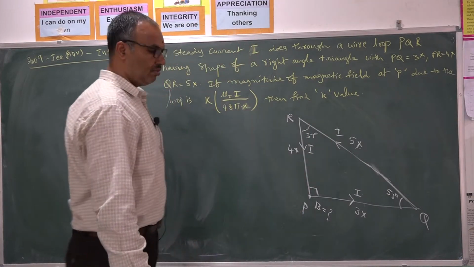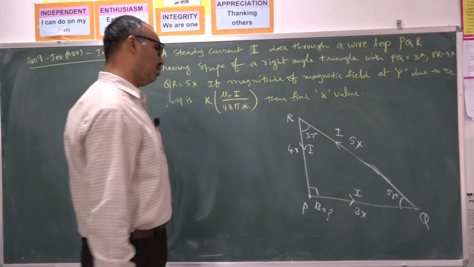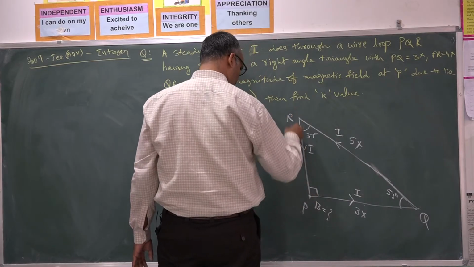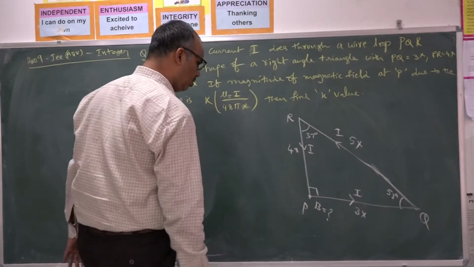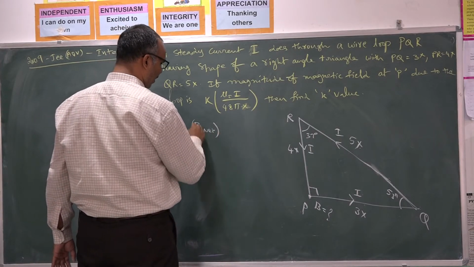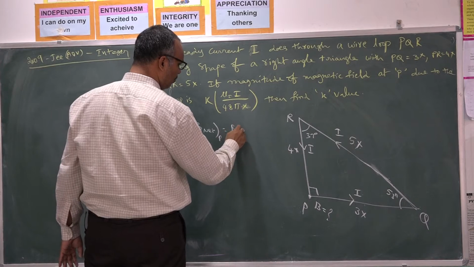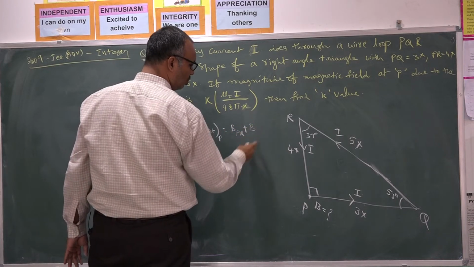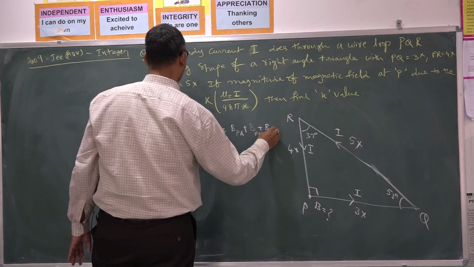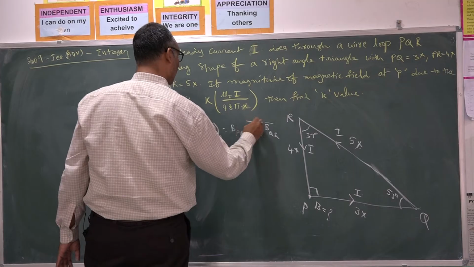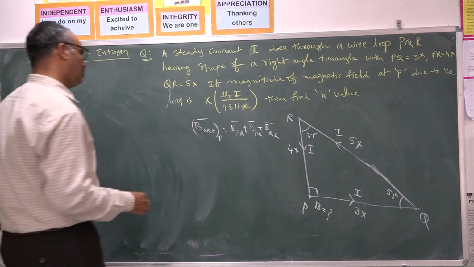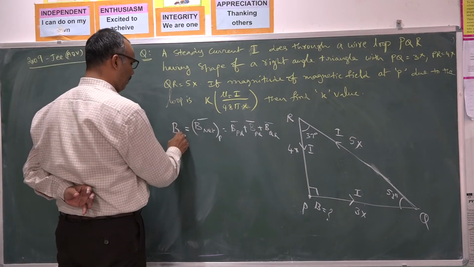So magnetic field at P because of PR is 0. You may say that B net at P is equal to magnetic field due to PR, magnetic field due to PQ, magnetic field due to QR. 3 magnetic fields are combining together to form a magnetic field at P. So let it be BP.